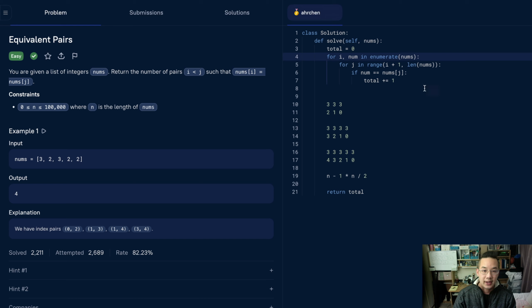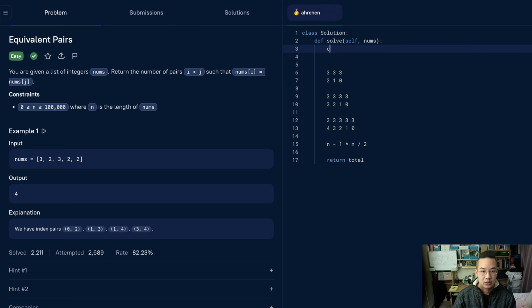And once we have that, we can scrap this. We're going to create a counter to count the number of times each number exists. We're still going to set the total to be 0.